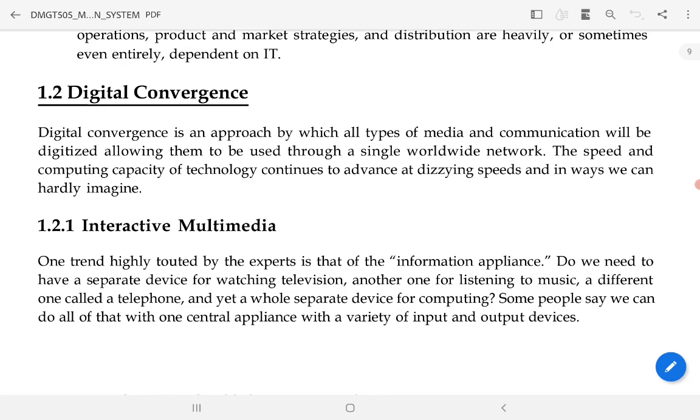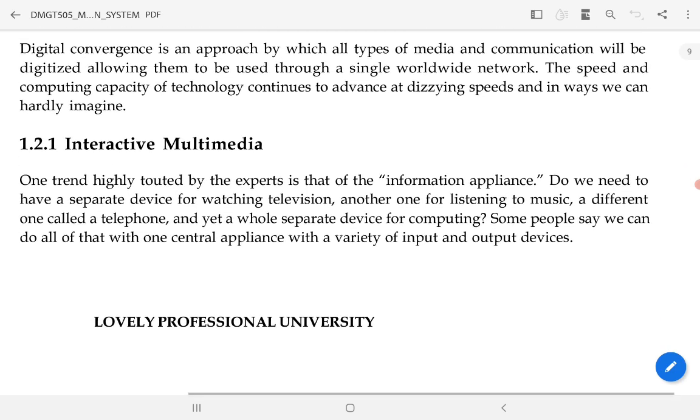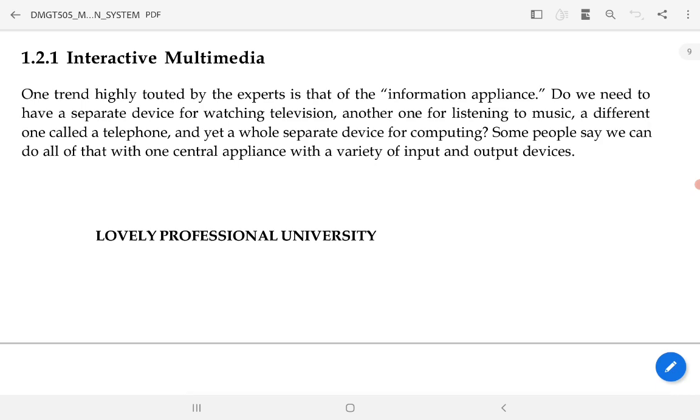It is used to transform information into digitalized files and media. Similarly, interactive multimedia is also a key role in organizations.